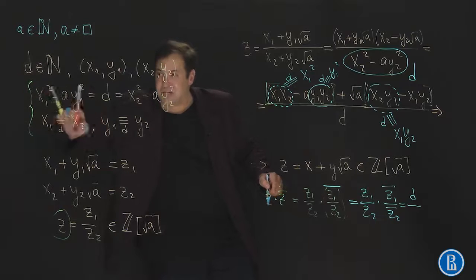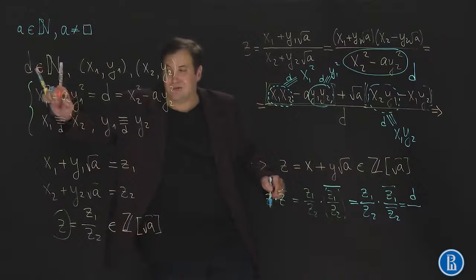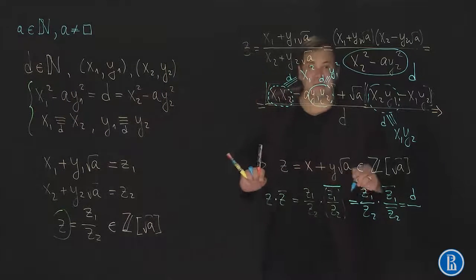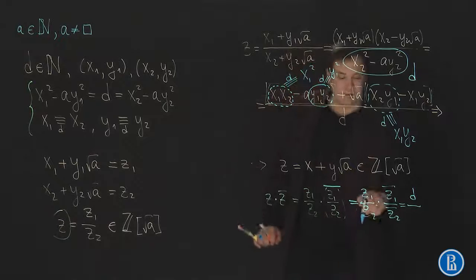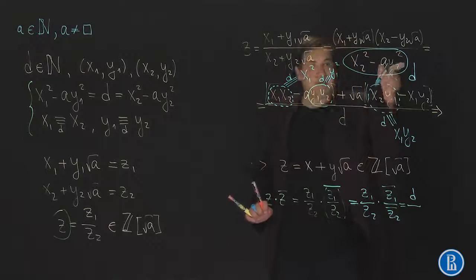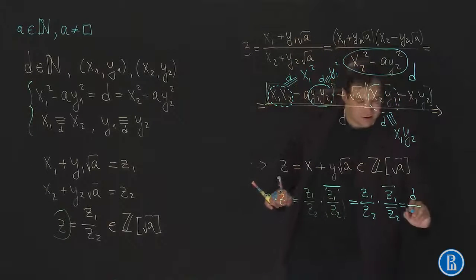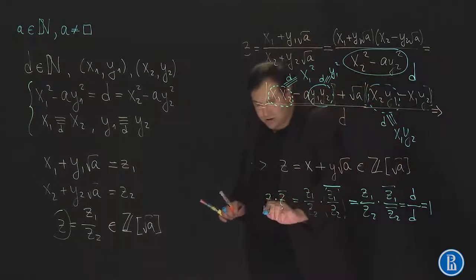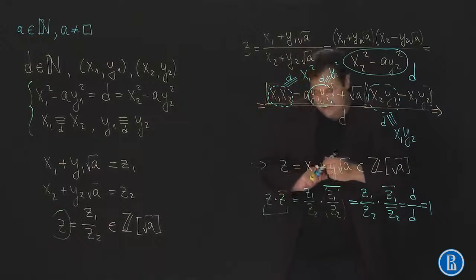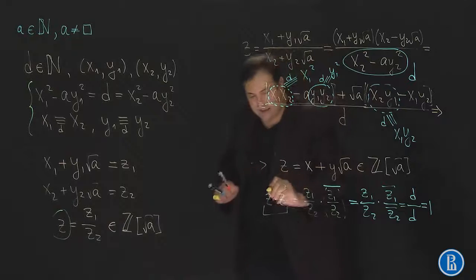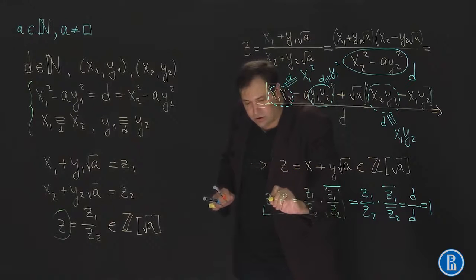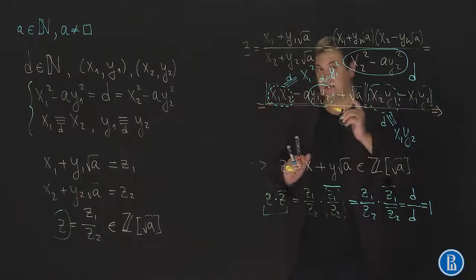This expression here is equal to z1 multiplied by z1 conjugate. And z2 multiplied by z2 conjugate is d, just like here. D over d is equal to 1, which exactly means that z is a solution of the Pell's equation.